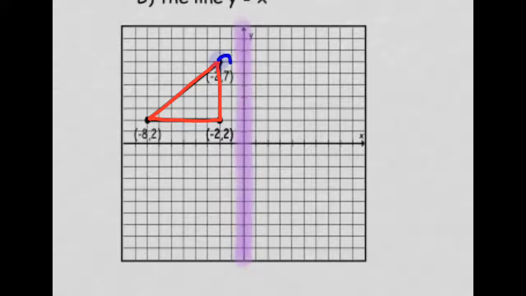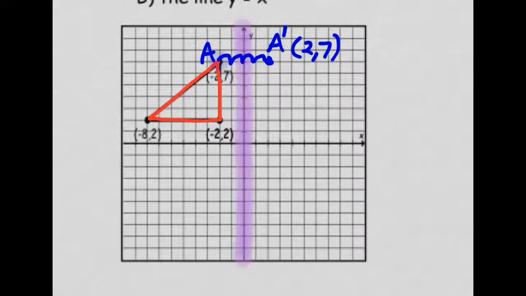So we go 1, 2, and it just takes 2 units to get to the y-axis. And so then we need to go 2 units away from the y-axis. 1, 2. And that's our first point. If this point is A, this point is going to be called A prime, and that's at 2, 7.